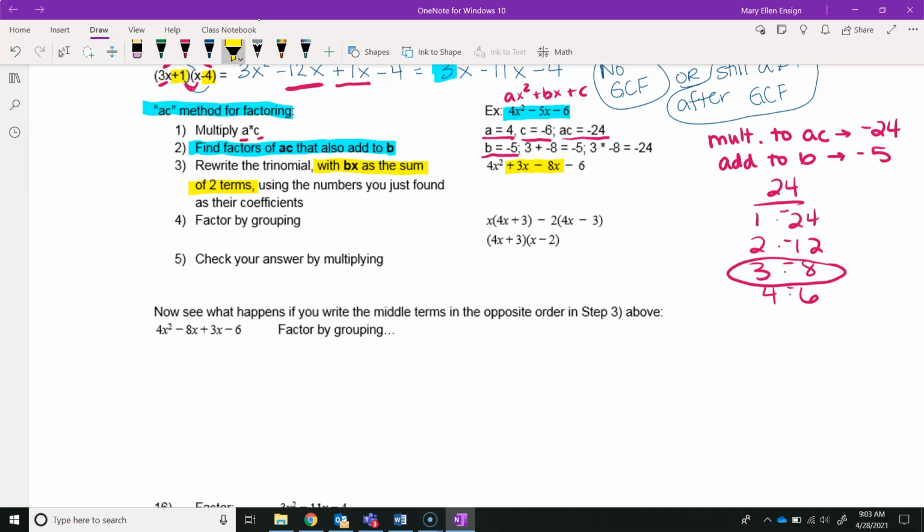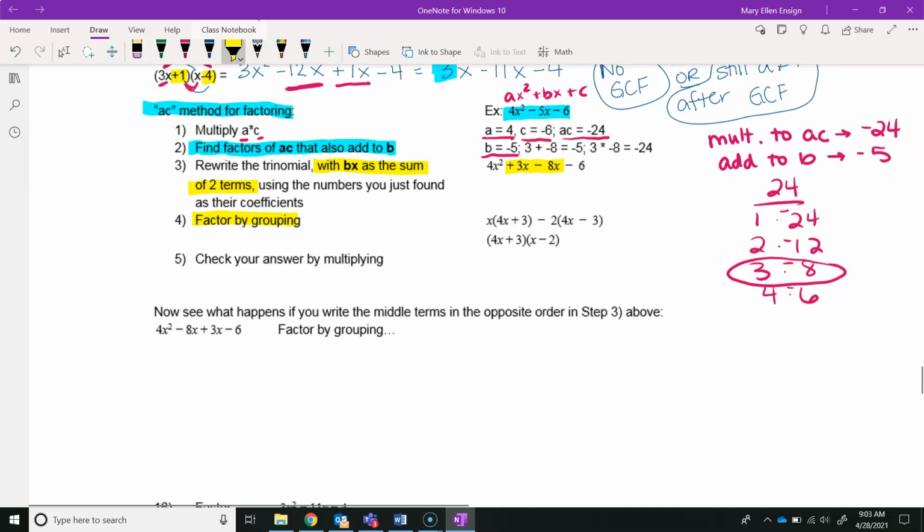You might think about this as that format we started out with in factoring by grouping, where we have two numbers in the middle that are like terms, and we leave them separate. This is the step where that happens. I have 4 terms now. Now I'm going to factor by grouping.